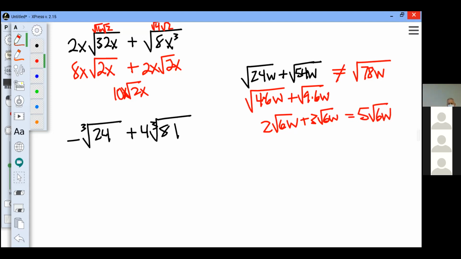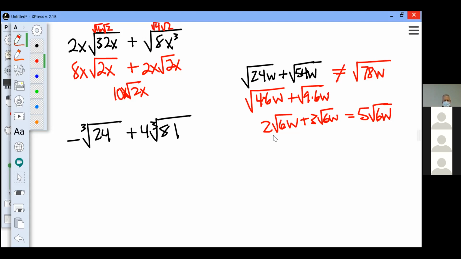Good. These are the things that need to make it to a note sheet for a quiz or an exam. These are the things that are easily done incorrectly unless you do enough of them. Same thing with factoring, like x squared minus 1 is not, factors to x minus 1 times x plus 1.